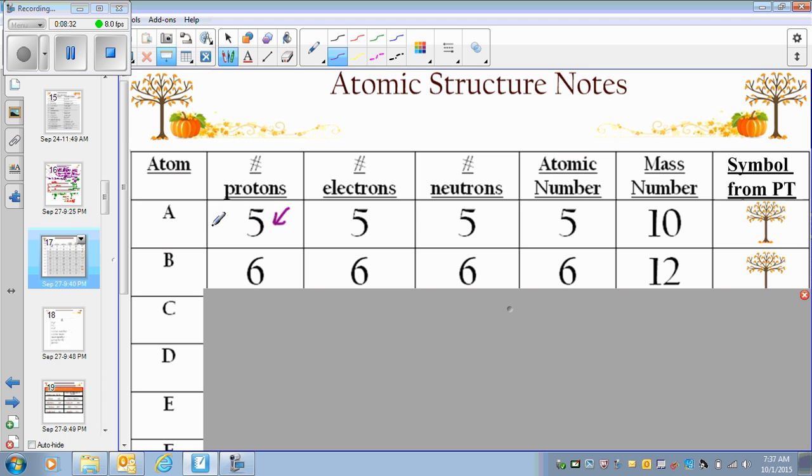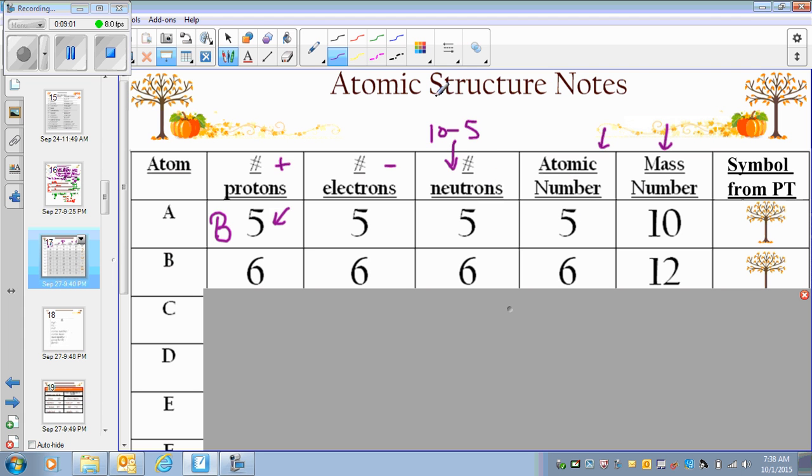If you go to the periodic table, you will find out that boron has 5 protons. So if you have 5 protons, it will have 5 electrons, because protons and electrons have to be the same. Now to get the neutrons, I will do mass number minus the atomic number. So mass number is 10, atomic number is 5, because I have 5 protons. So 10 minus 5 will give you 5 neutrons.